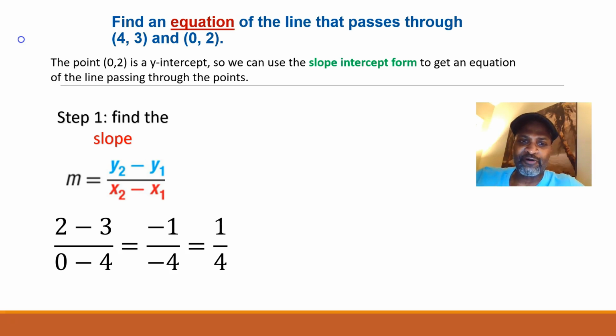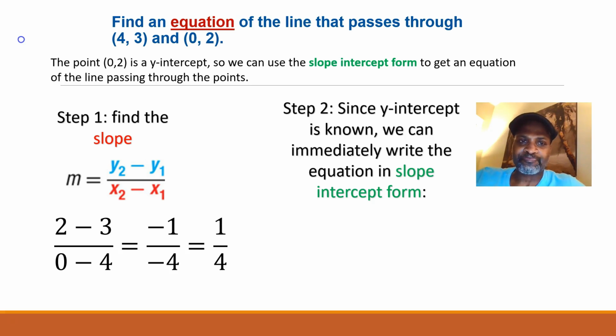Substitute your points in the slope formula and simplify. We get 1/4. Step 2, since we already know the y-intercept is 2, we can immediately write the equation in slope-intercept form. y equals mx plus b, or y equals 1/4 x plus 2.